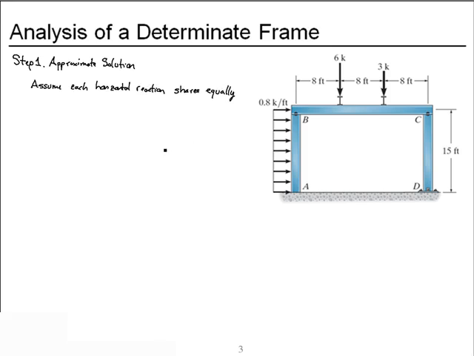Well, if that's the case, all we need to know is what's the total horizontal force applied, 0.8 kips per foot times 15 feet, 12 kips. So we'll approximate Ax as 6 kips to the left, and Dx as 6 kips to the left.